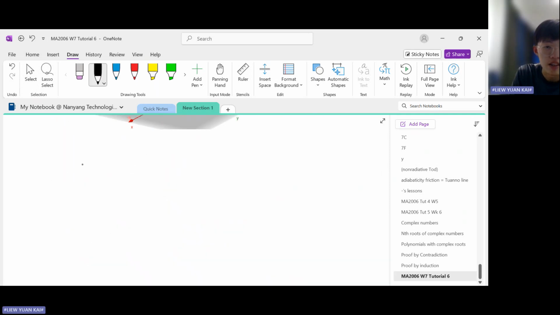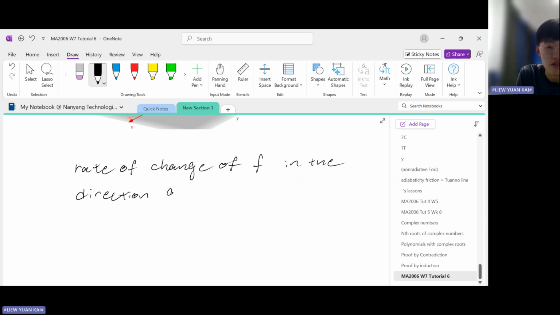So generally speaking, if you want to find the rate of change of f in the direction of, let's say, the vector a, what you need to do is take nabla f dot the unit vector of a.